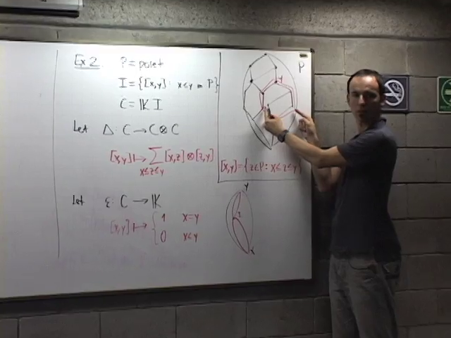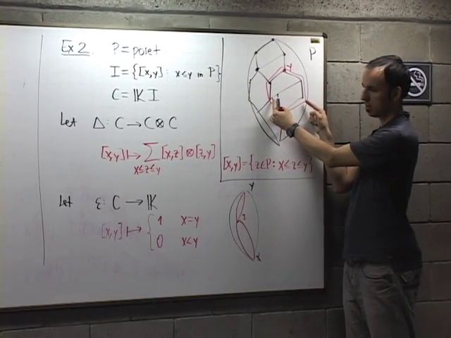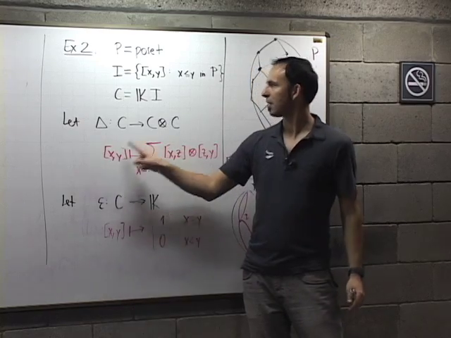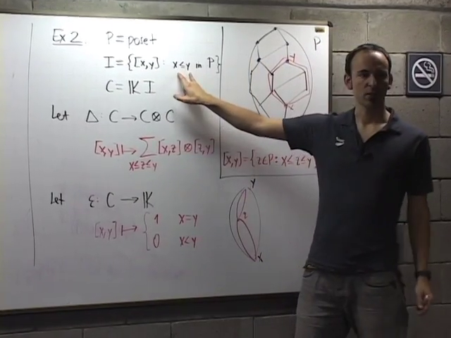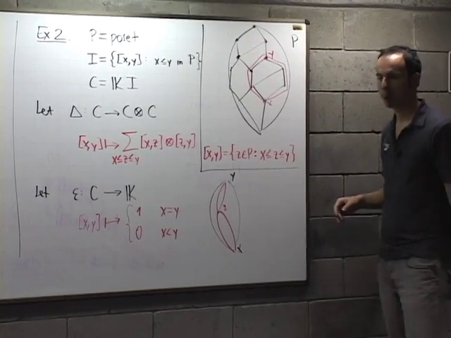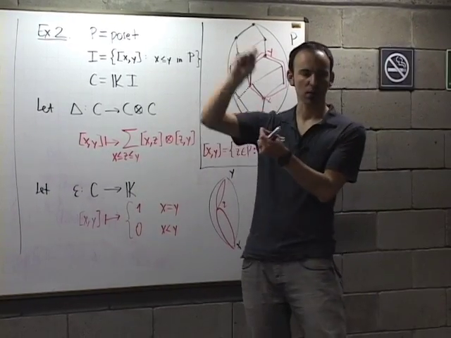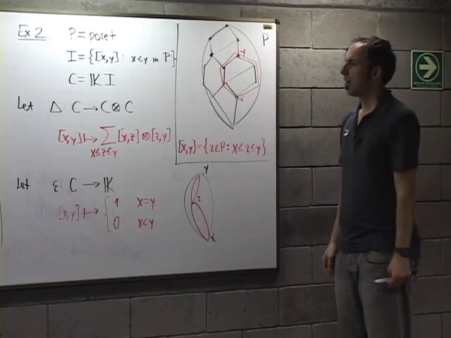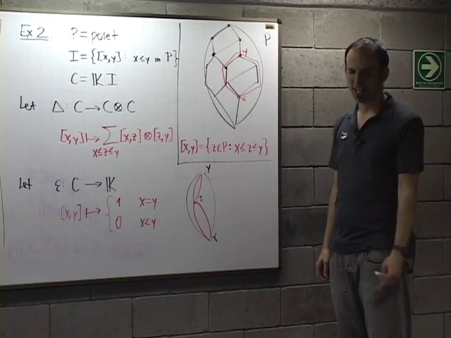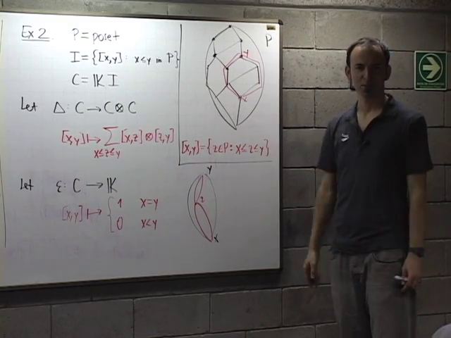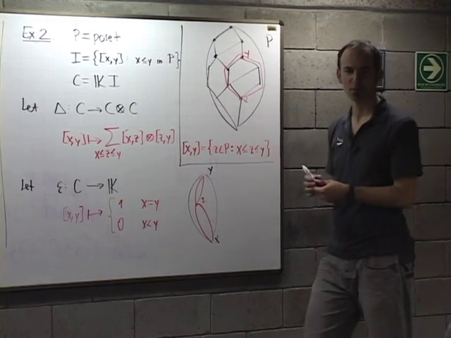But the thing is that if I have an interval, then in an interval x is always less than or equal to y. Okay. So it's already built into this. The basis elements are pairs x, y, where x is less than or equal to y. I kind of wrote formulas here. So if you want formulas, read the notes, but I'm going to give you a proof by picture.